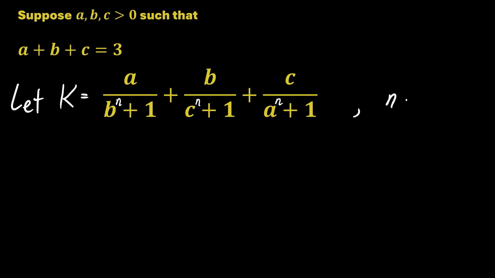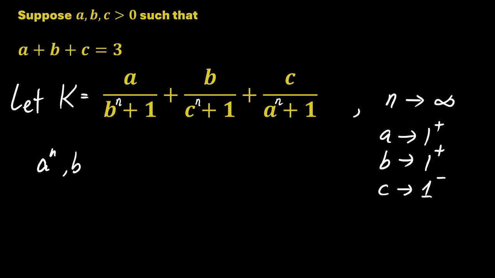Suppose I choose n to be a very big number and a to be a number that's slightly more than 1, b is a number that's slightly more than 1, and c is the remaining, and this will be slightly less than 1. a to the power of n and b to the power of n will be a very big number.